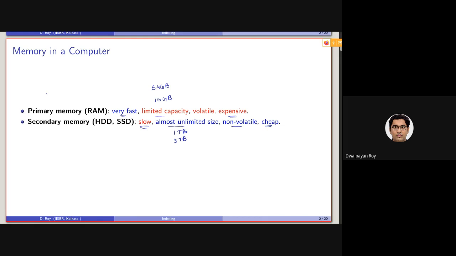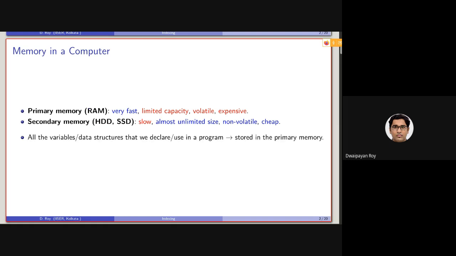Together with that, you might have heard of another type of memory, which is called virtual memory. Virtual memory is basically a concept using which the programs are actually running. Essentially, virtual memory can be considered as a combination of this primary memory as well as the cache memory.